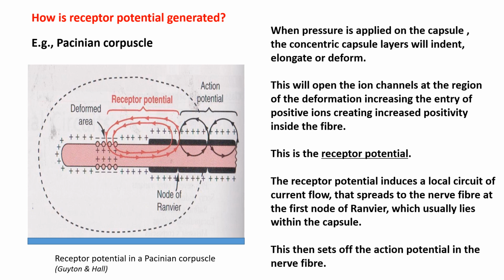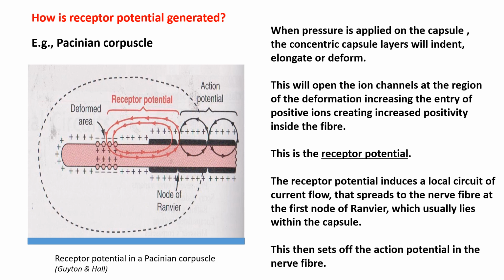There is entry of positive ions into the receptor, and that creates positivity inside the receptor. In other words, the receptor has altered its membrane potential. There is depolarization. Because it's in the receptor, we call it the receptor potential.